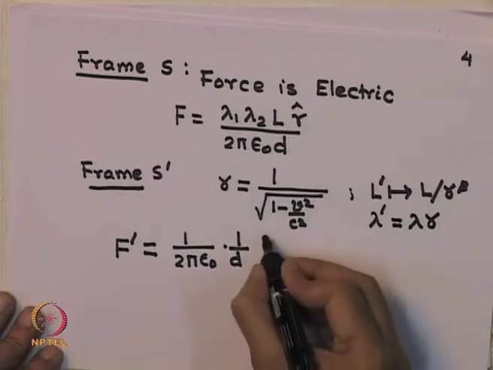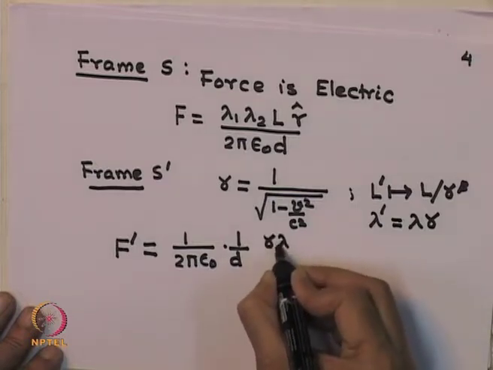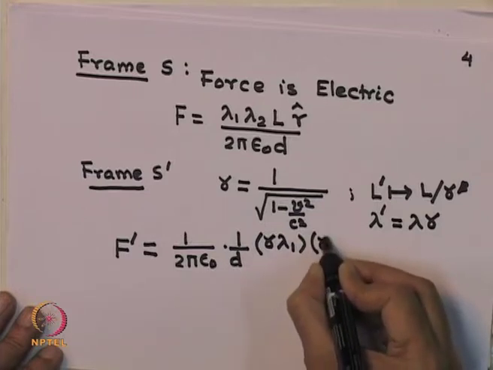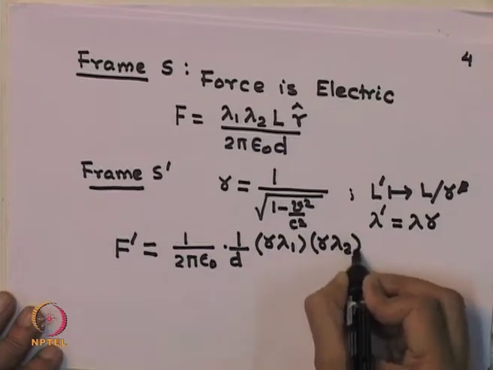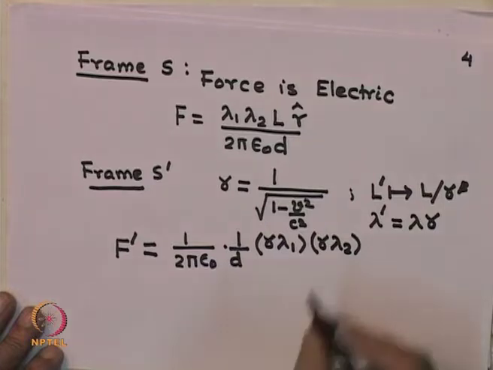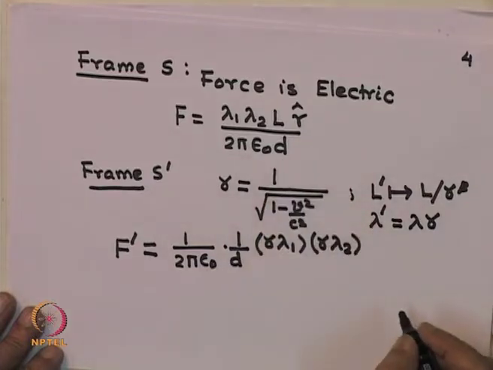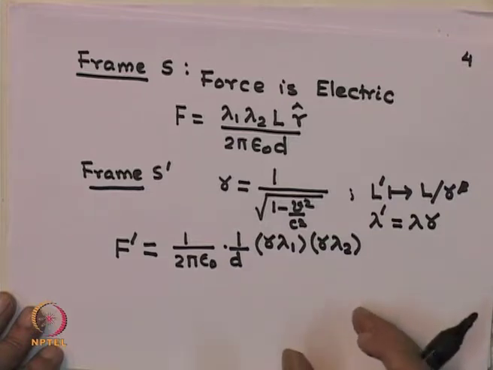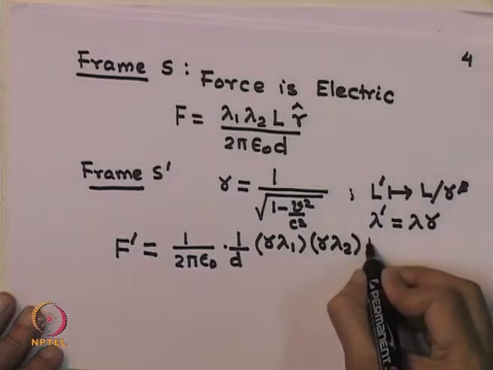So, this will be gamma lambda 1, gamma lambda 2; instead of lambda 1 lambda 2, I have got gamma squared lambda 1 lambda 2. The length L of the second line charge, which we have considered, is going to become L by gamma.